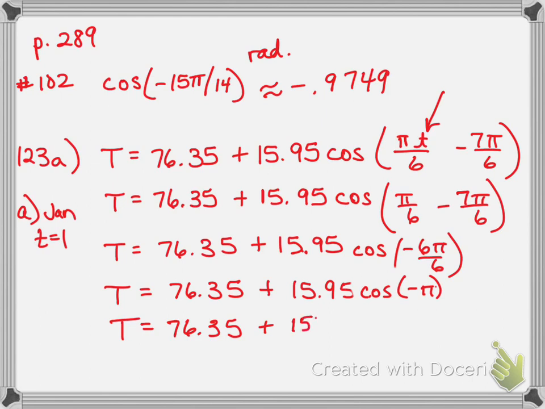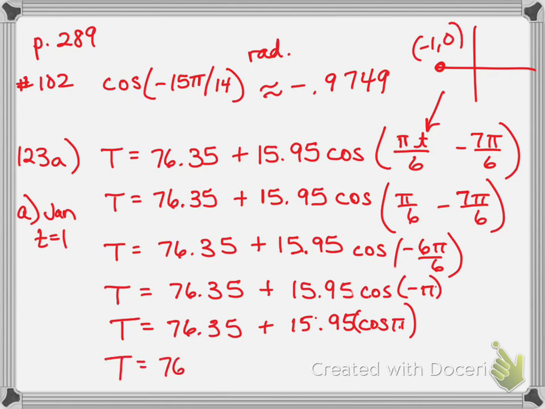Cosine is even. Since cosine's even, cosine of negative pi is the same thing as the cosine of positive pi. And pi is on my unit circle chart right here with an ordered pair of negative 1, 0. So T is 76.35 plus 15.95 times negative 1. So T is 76.35 minus 15.95.